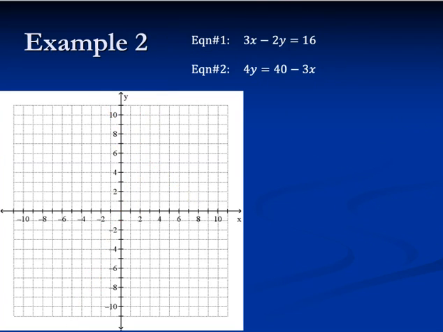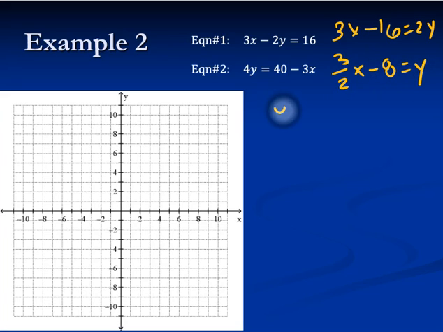So here's a second example. In this example, we need to first rewrite the equations in y equals mx plus b form. So 3x minus 16 equals 2y. Divide everything by 2. We have 3 halves x minus 8 equals y. And then I just flip it using the symmetry property. So this is equation 1 written in y equals mx plus b form.